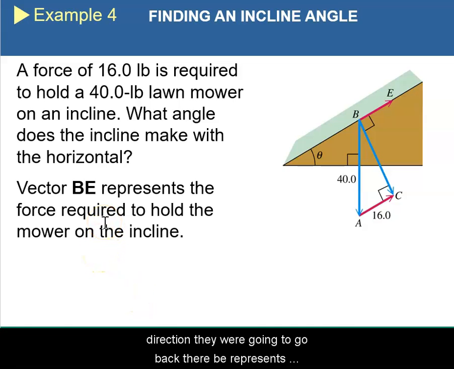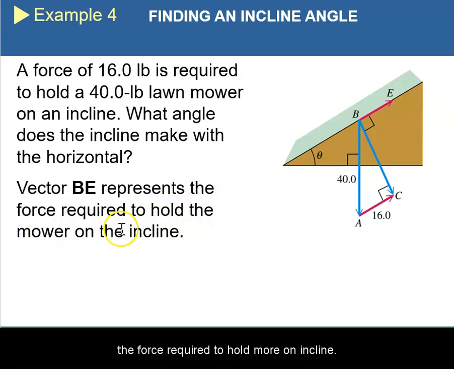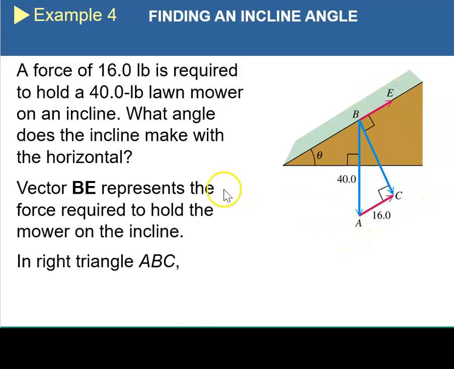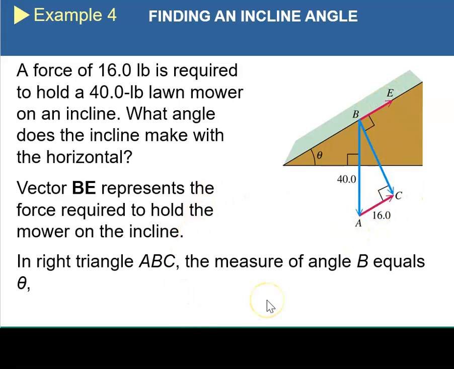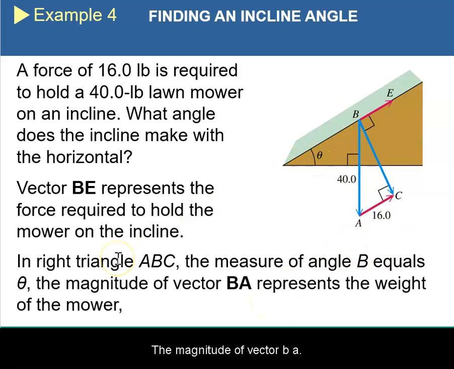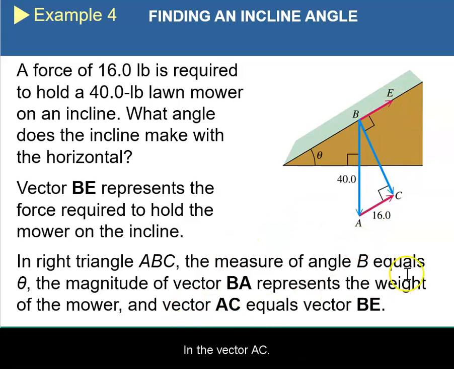So vector BE represents the force required to hold the mower on the incline, okay? That's why we can equate those. In the right triangle ABC, the measure of angle B here is equal to theta. The magnitude of vector BA represents the weight of the lawnmower, and the vector AC equals BE, so AC and BE are equal.